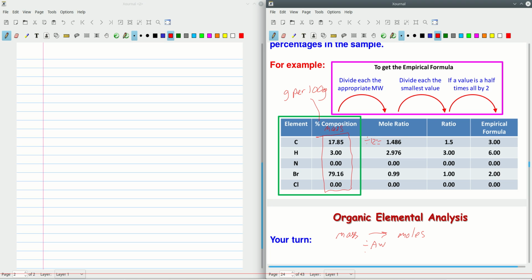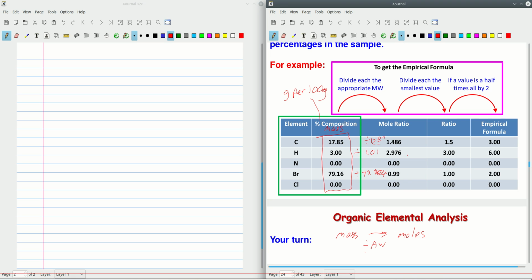Hydrogen, and you should try and use the precise masses, hydrogen would be 3 divided by 1.01. Nitrogen, there isn't any. Bromine would be divided by 79.9004. And that gets us these numbers.